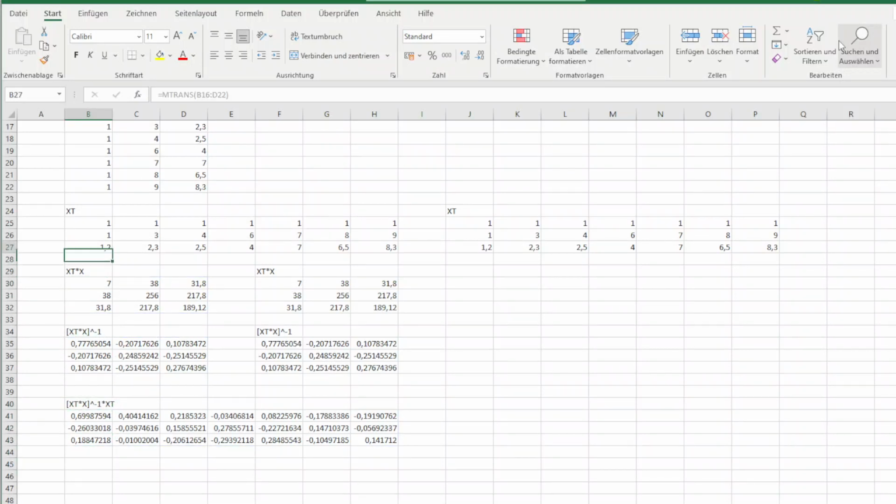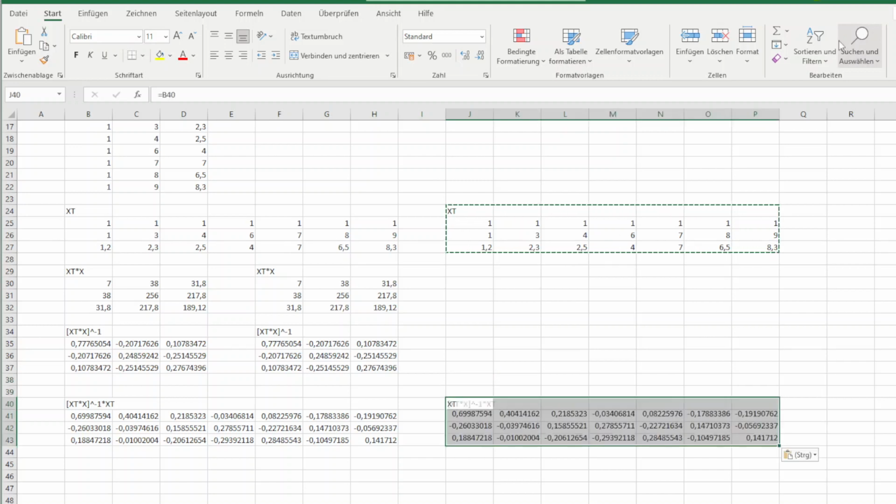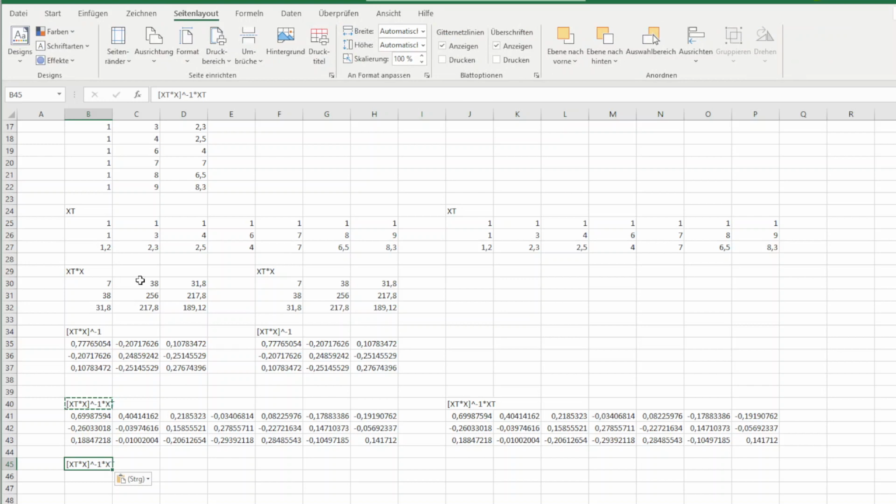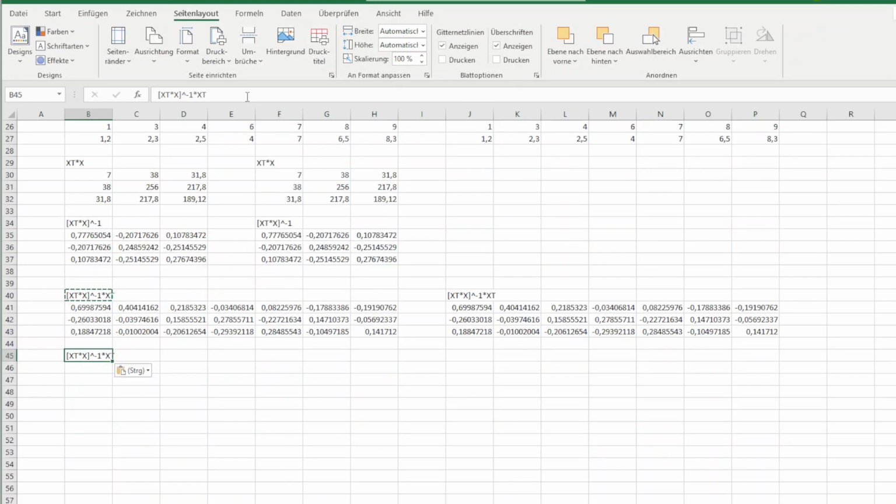So this we need also that we have read it out, and then that you see it, times y.